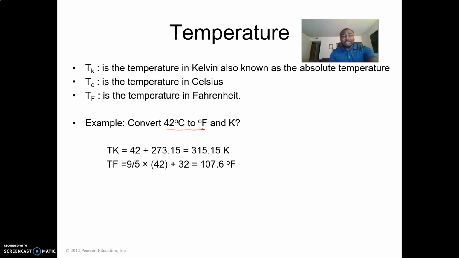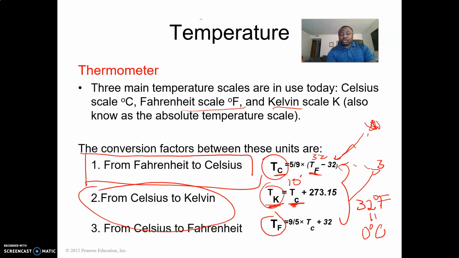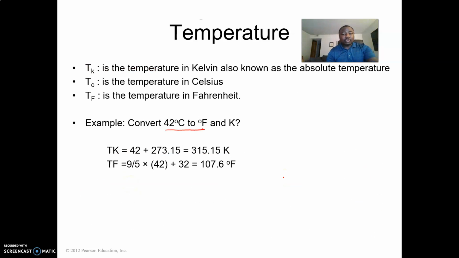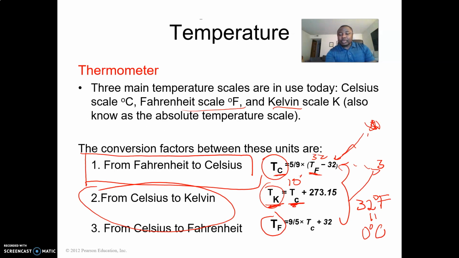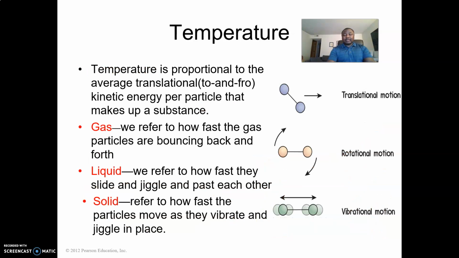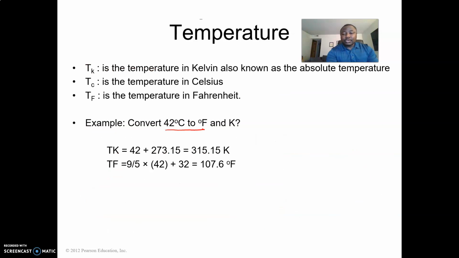So remember the formula. We want to convert from Celsius to Fahrenheit and Kelvin. If you look at this formula, we're going to use these last two formulas, because we want to go from Celsius to Kelvin and to Fahrenheit. So degrees Kelvin will be degrees Celsius plus 273.15.